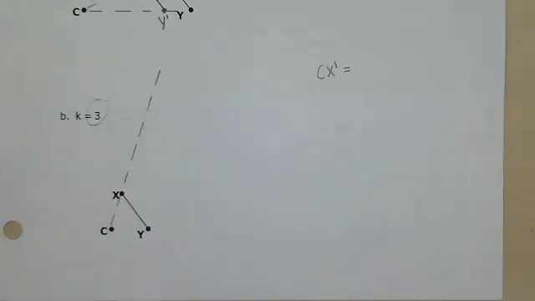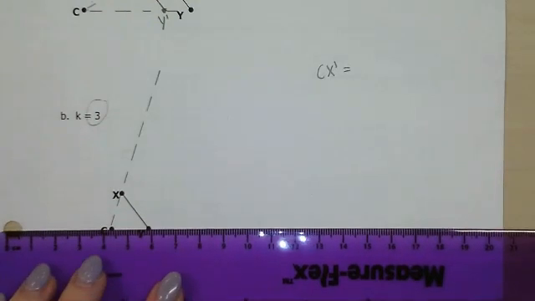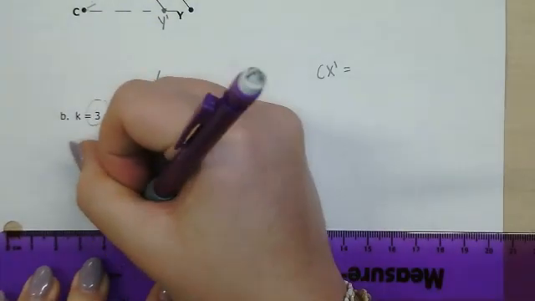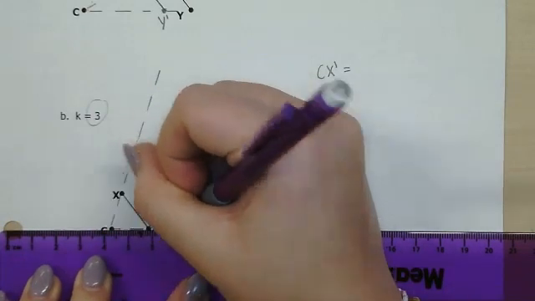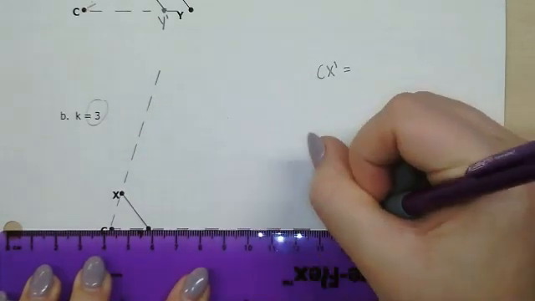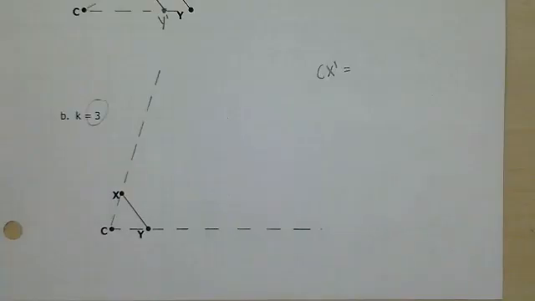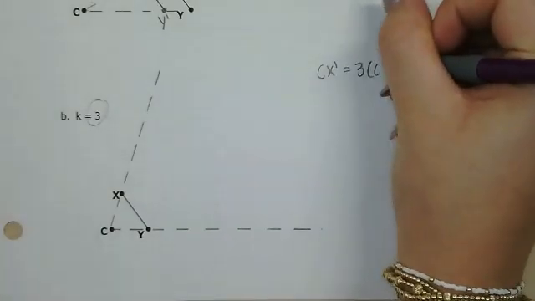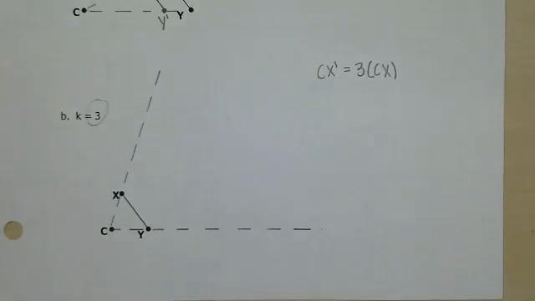Okay, and then same for y. Okay, so let's see here. To find X prime, that means we need to multiply 3 times the original Cx, right?